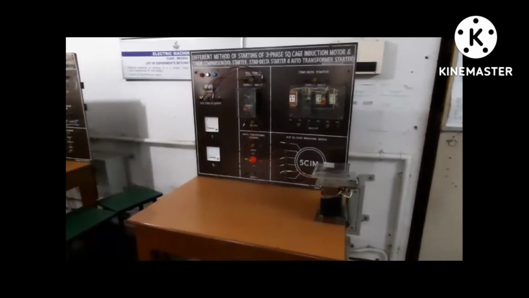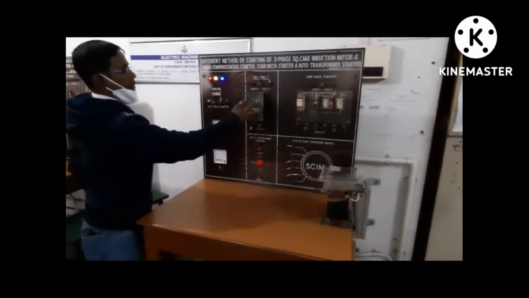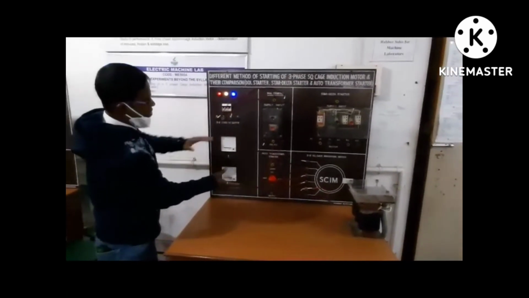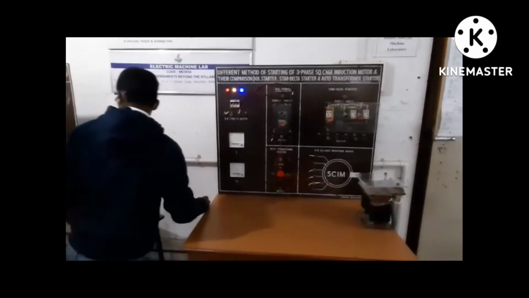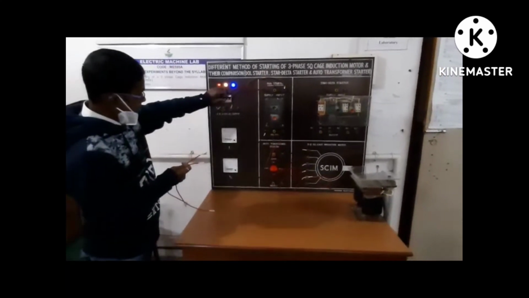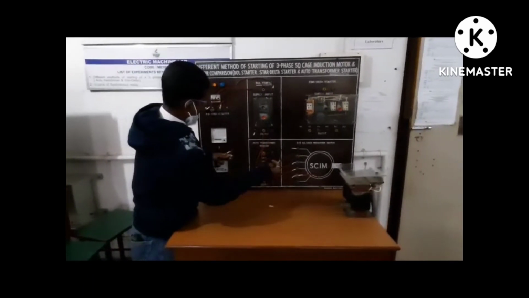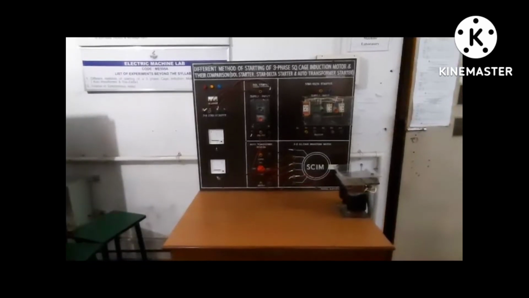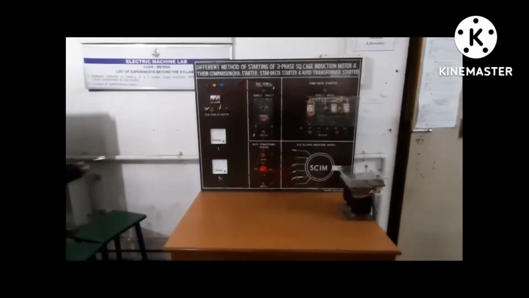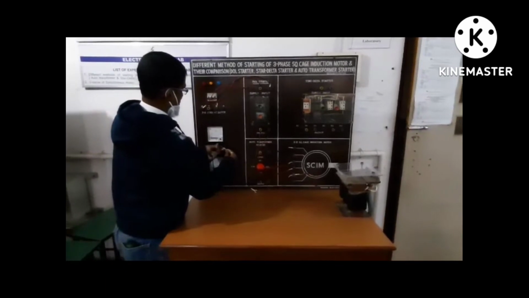Switch on the main supply, then press the start button. Look, the voltage and the current are now 0 because there is no connection. We want to measure the current of any one of the phases.